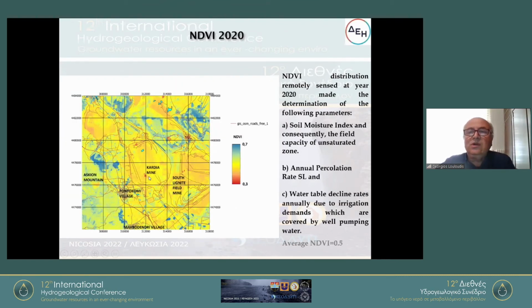NDVI distribution remote sensing in 2020 made feasible the determination of the following parameters: soil moisture index, consequently the field capacity of the unsaturated zone, annual percolation rate, and water table decline rate annually due to irrigation demands, which is covered by well pumping water.